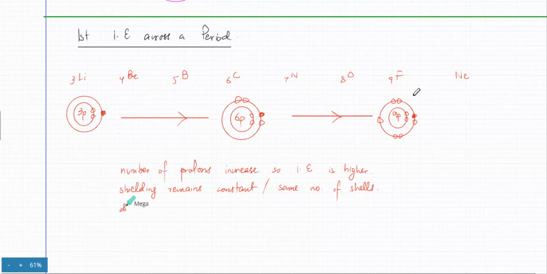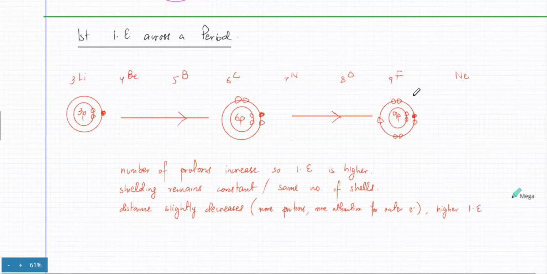So distance slightly decreases. You have more protons, so there's going to be more attraction for outer electrons. And if the distance slightly decreases, there's going to be higher ionization energy.